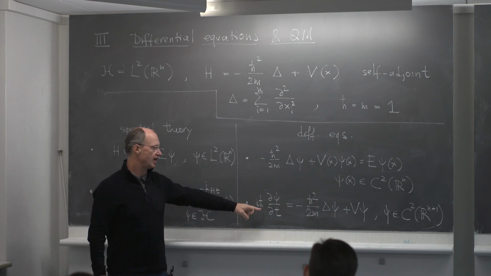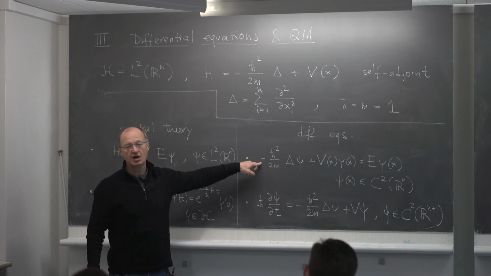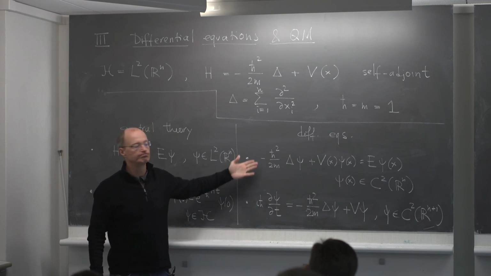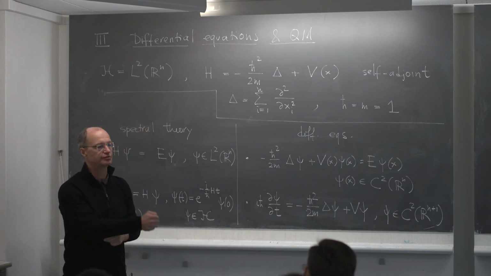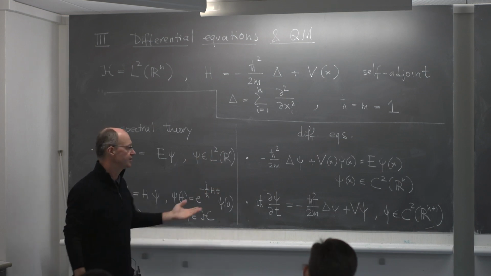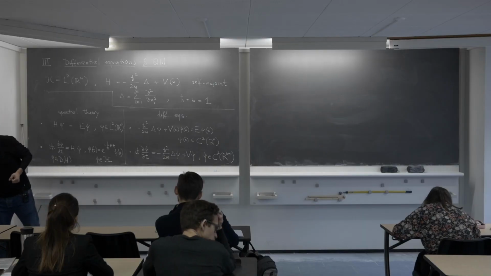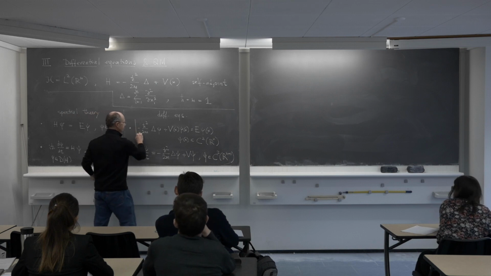So this is the so-called time-dependent Schrödinger equation, and that's the time-independent Schrödinger equation. So these are the two questions, basically, that people try to solve when they deal with mathematical, and not only mathematical, also physical problems of quantum mechanics. Well, let's put some color around them.